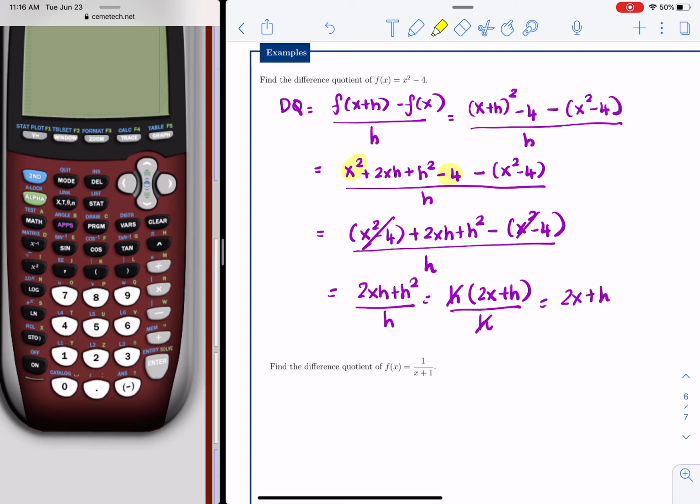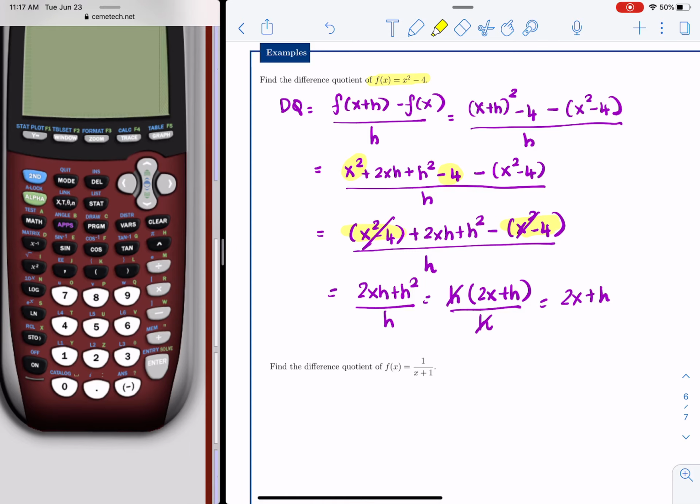If you observe carefully, f of x is x squared minus 4. And when we found the difference quotient, that x squared minus 4 got cancelled. So it just went away. So if we do everything properly, the original function will disappear when we find the difference quotient.